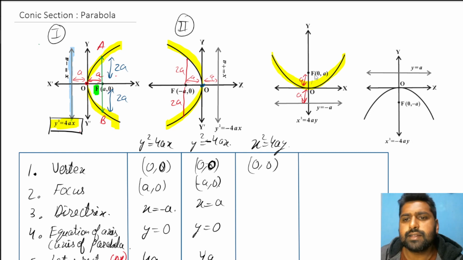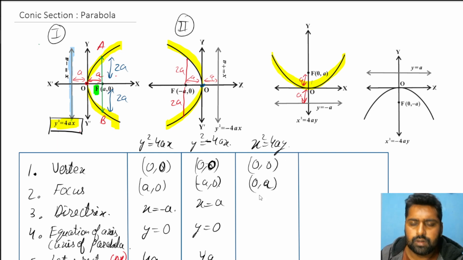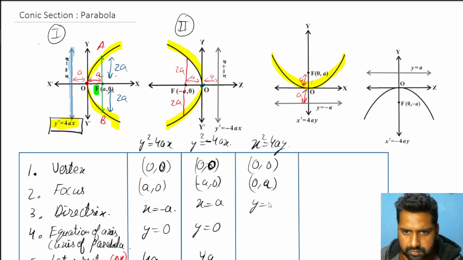Focus is on the y-axis above the x-axis at a distance a, so it will be 0 comma a. And your directrix will be below it. So it is first of all parallel to x-axis. The equation is y equal to something, so it will be y equal to minus a, because it is below.